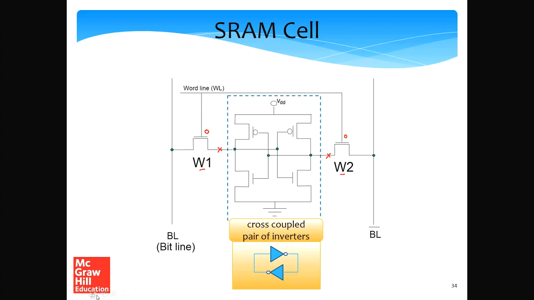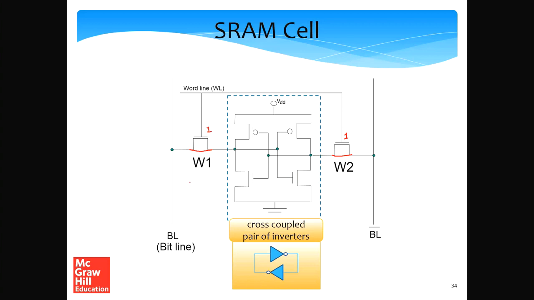On the other hand, if the value of the word line is equal to 1, then this transistor is on, so this line gets connected, and this 4 transistor cell is connected to the outside world and it is possible to both read and write its values.